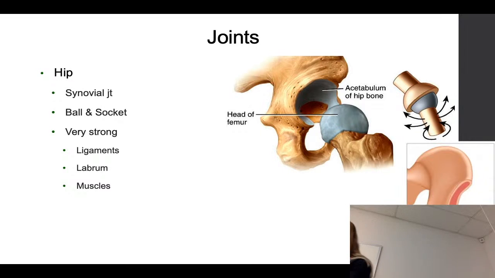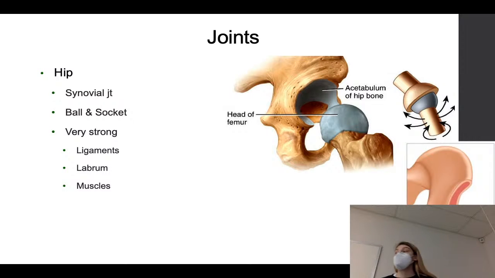So we know head of the femur to the acetabulum will be that true hip joint. It is a synovial joint, which means it has synovial fluid in it. It has that joint capsule, so that makes it a synovial joint. It is a ball and socket joint.